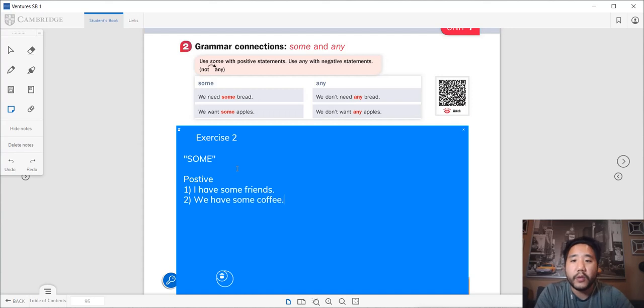Those are positive statements. But there are other things that we could do with some. Another example is when we're offering something. Would you like some milk? This is when we're offering some milk.